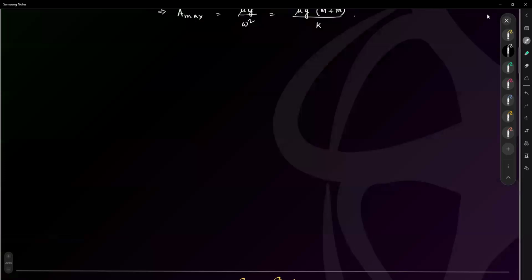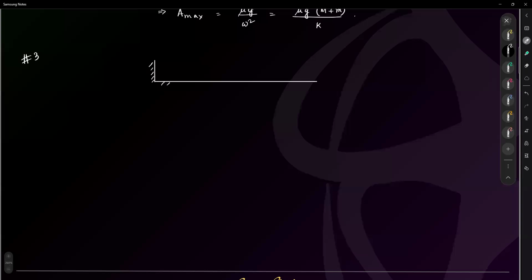Okay. Our third scenario. See, the purpose of telling you these scenarios is that I want to show you what are the possible types of sums that may come in chain. Okay. So now, suppose we have a spring block system, right?